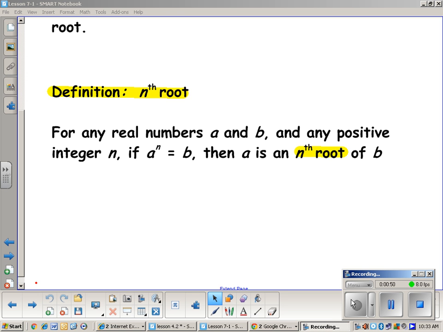For any real numbers A and B and any positive integer n, if a to the n is equal to b, then a is the nth root of b. That's the definition.